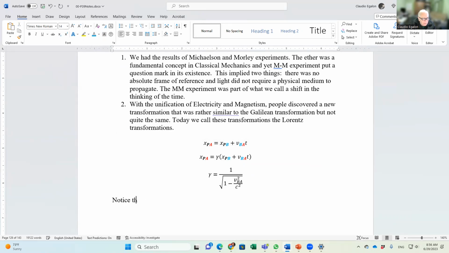Note that if VBA is much less than C, the Lorentz transformation reduces to the Galilean transformation, right? Note, see that.